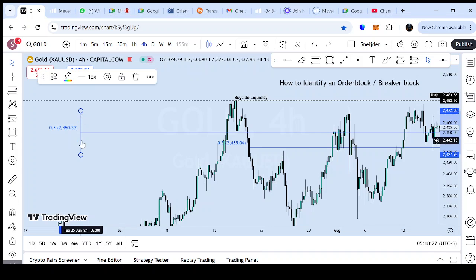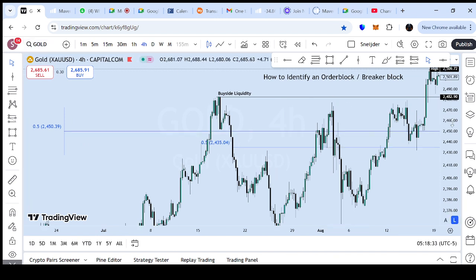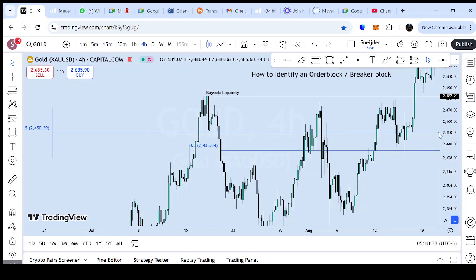What's the meaning of 2,450? It's the price of gold. See it at the right side. This is price. Yeah, at the level of this line, 50% is 2,450 worth of gold price level, while below is the time.